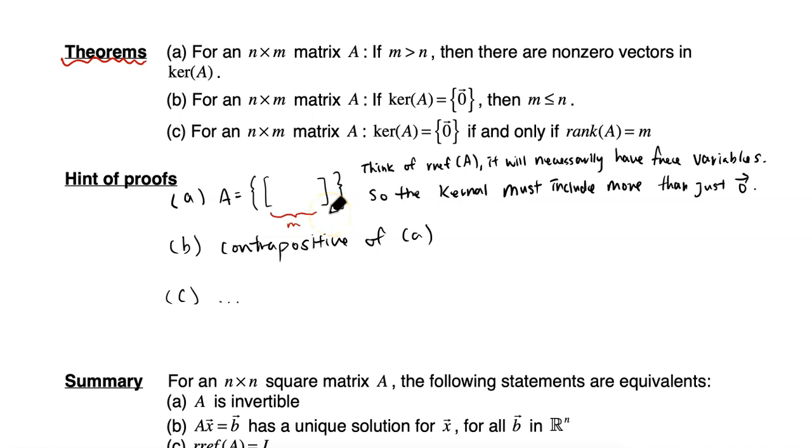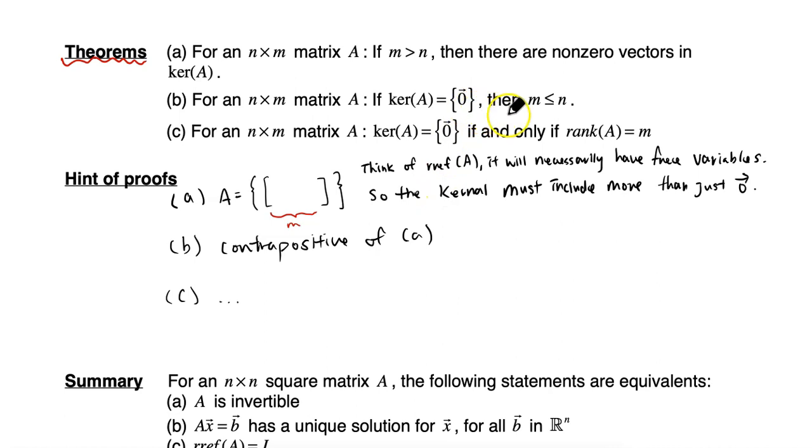Think of a row echelon form or reduced row echelon form. You will have some free variables in there. So that means there's going to be choices for us to choose some of the variables, and therefore there's going to be more than just one way to have Ax equals 0.